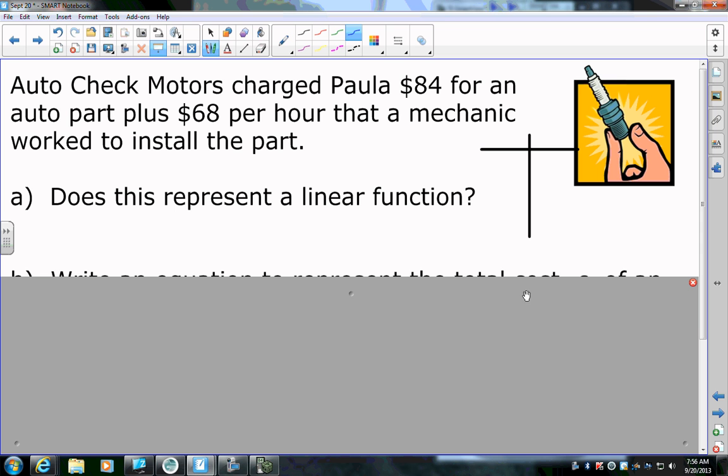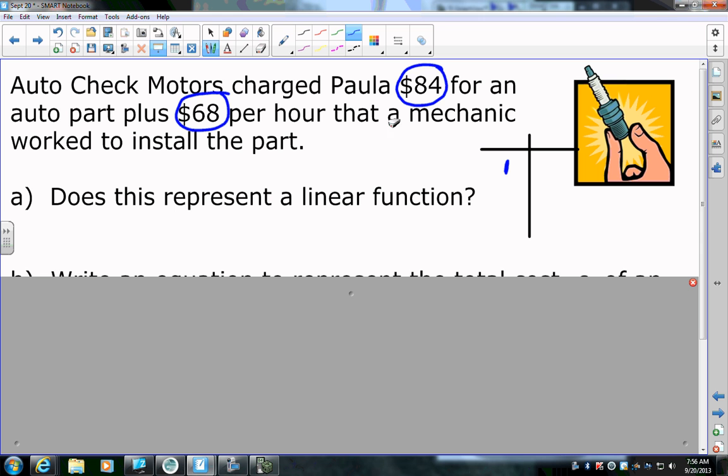If I get one auto part, how much is it going to cost me? 84 plus what though? Plus the 68. Okay?